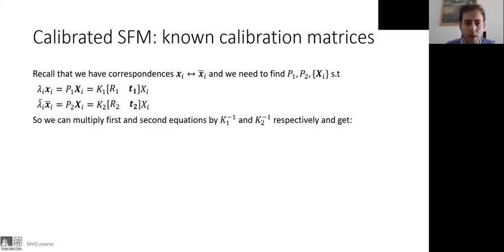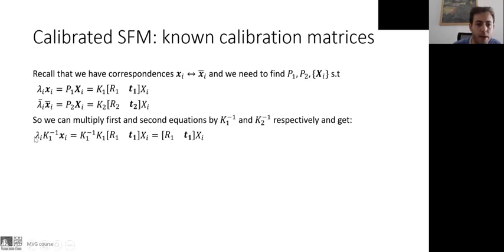So what we can do is just multiply the first and the second equations by K1 inverse and K2 inverse respectively. For the first equation, on the left side we get lambda i K1 inverse multiplied by xi, and on the right side K1 is cancelled by its inverse, so we are left just with R1 T1 multiplied by capital Xi.